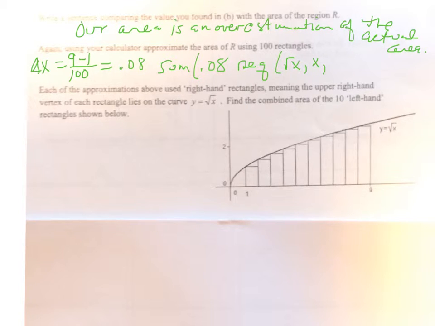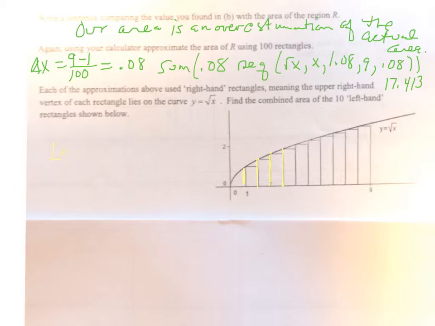Now we're going to start at 1.08. We're still going to go up to 9, and we're going to go by increments of 0.08. And I think you get 17.413 on that one.